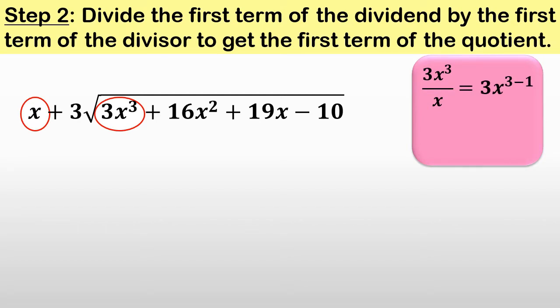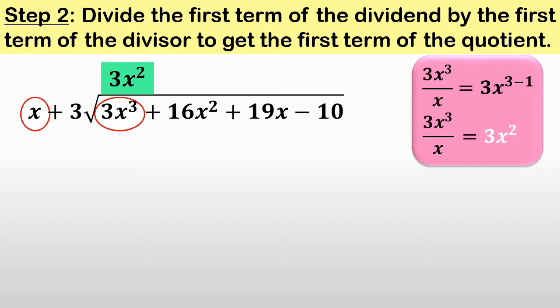So, 3x raised to the third power minus 1. So, ang exponent ng denominator natin ay 1. So, let's subtract the exponent. So, it will become equal to 3x squared. Therefore, the first term of the quotient is equal to 3x squared.